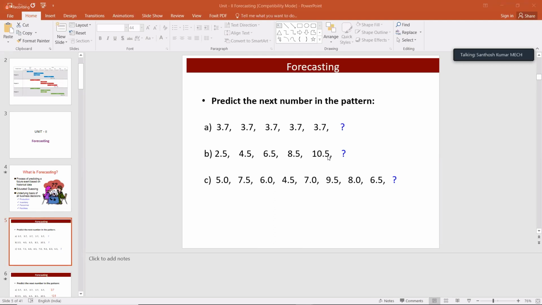Give me the answer of C. Roll number 94.